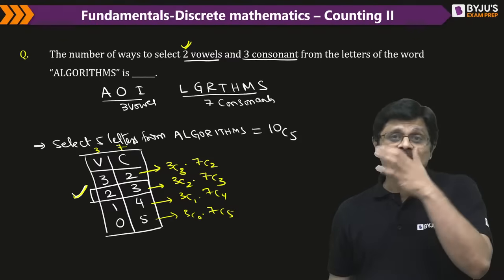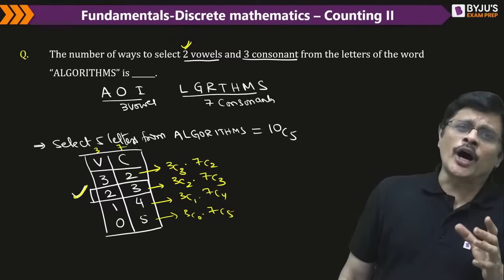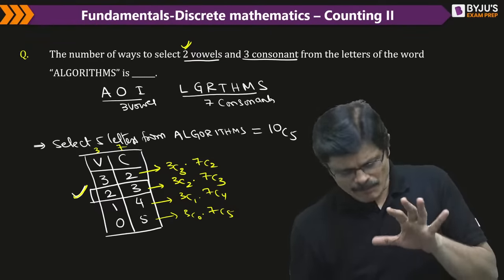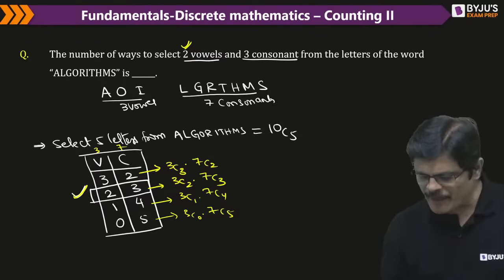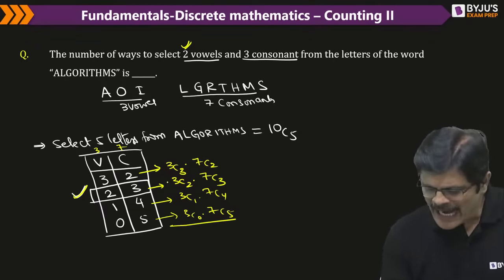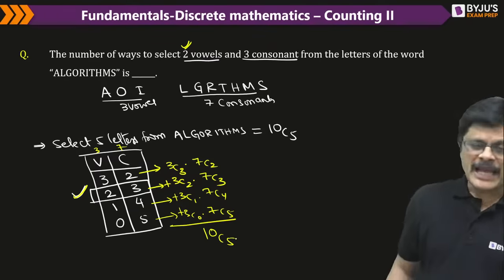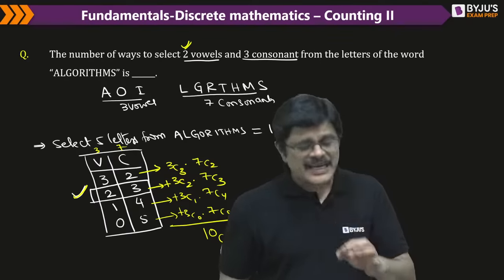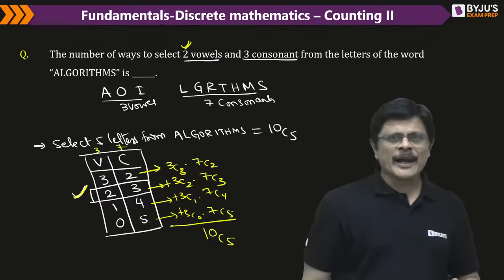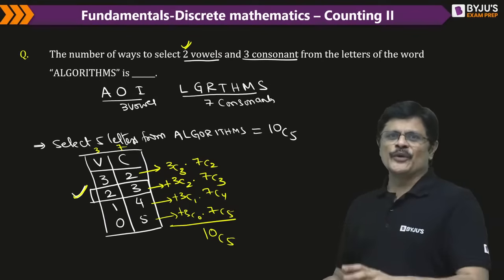But I want you to understand this entire story, because any question on selection must be from one of these categories. And if you add all these categories, you are going to get 10C5. Remember, in this problem, 10C5 can be obtained only by these 4 disjoint ways.